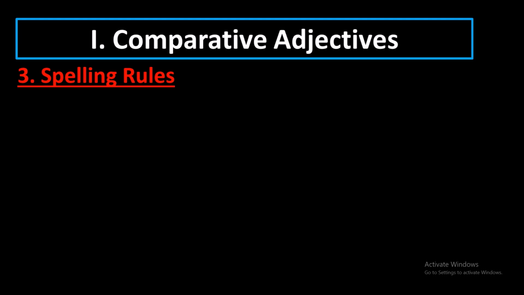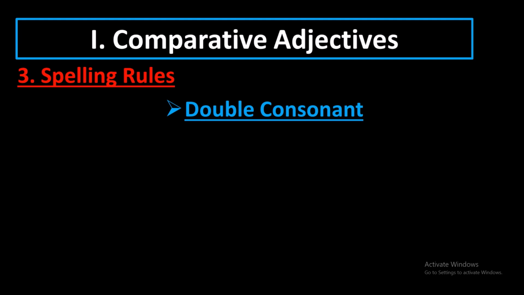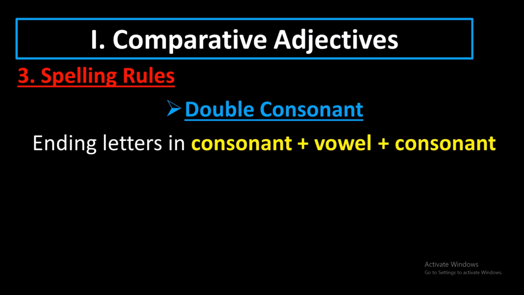Here we go to the spelling rules. There are some things that you have to remember and take note of. The first is doubling the consonant. We double the consonant when the ending letters are consonant plus vowel plus consonant. I will show you an example. Big, bigger. The word big here ends with a consonant.